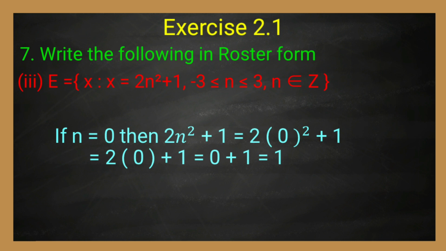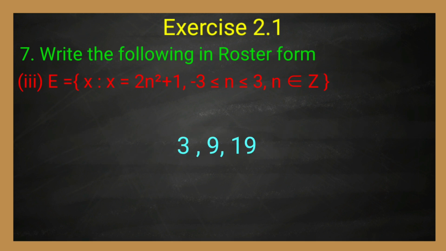Like that, if you substitute the values n equal to 1, 2, 3 also, you will get the same numbers like 3, 9, 19. Therefore, our set is E equals set of 1, 3, 9, 19.